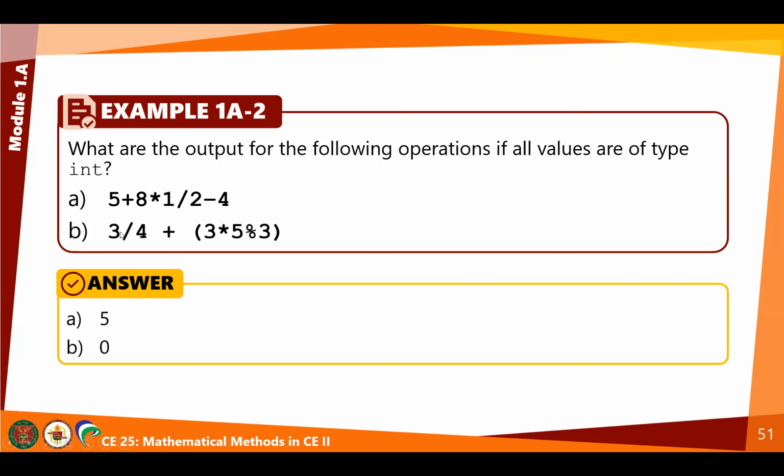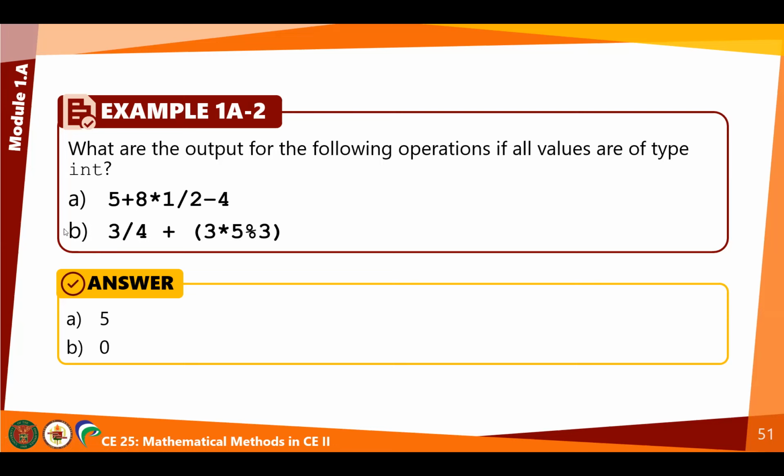Here, first is the parenthesis. 3 times 5, 15 divided by 3. 15 divided by 3. 3. Then 3 divided by 4. What? Wait a moment. What happened here? It's a remainder, sir.